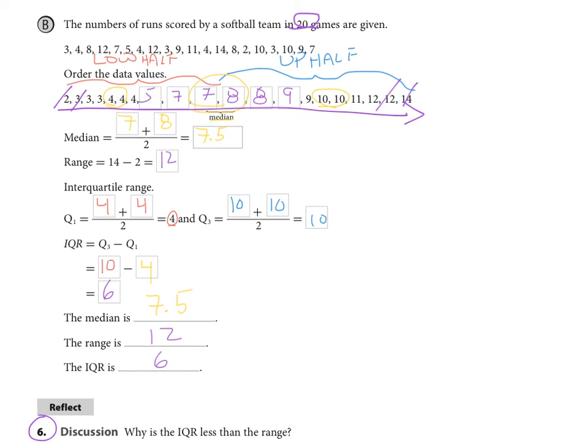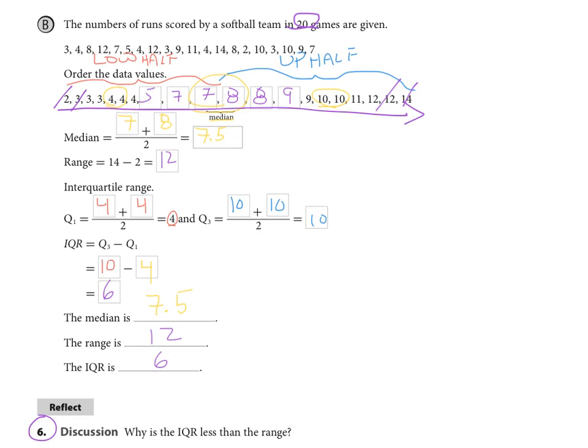And then I'm looking for my interquartile range. Q1, the median of the lower half, is 4, and the median of the upper half, Q3, is 10. And it's just a coincidence that both of those numbers, you have a 4 and a 4, and then a 10 and a 10. It could have been 4 and 5.